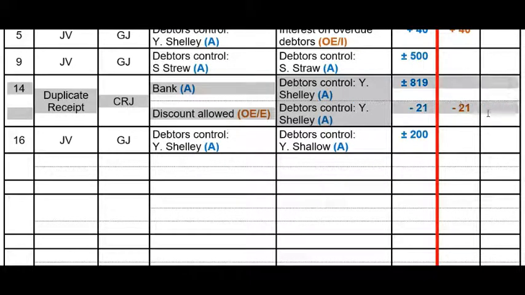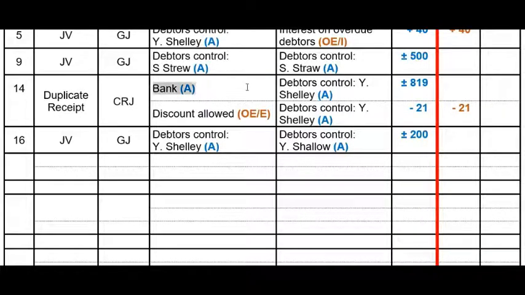We must cancel everything. The part that we actually received from Y Shelley, the 819 Rand, will be cancelled in the CPJ. That's something that you are familiar with, a dishonored check in the CPJ. And now this part is the new part. The discount allowed value will be cancelled in the general journal.